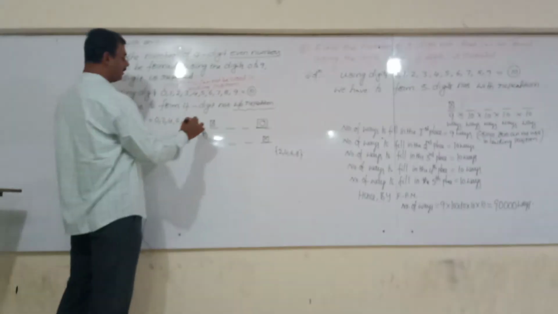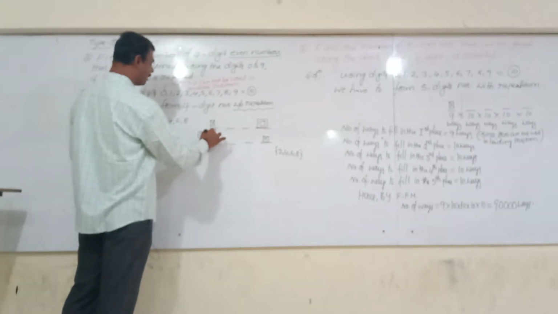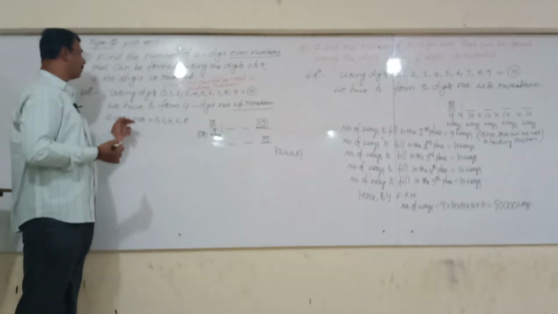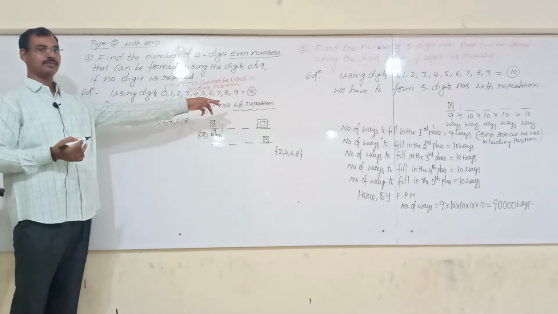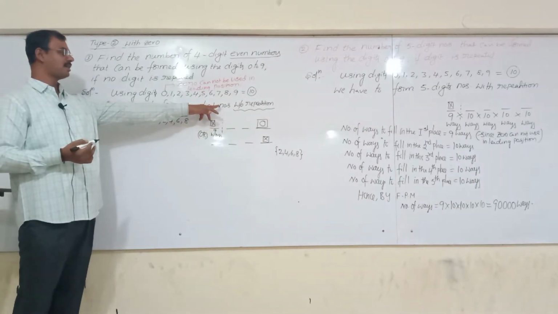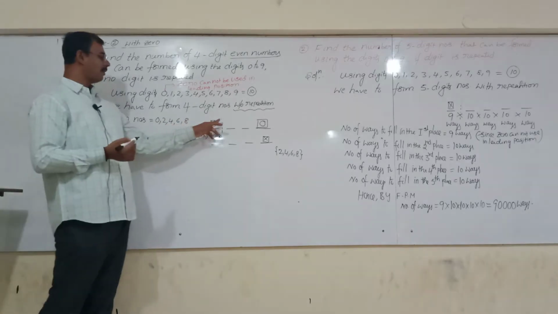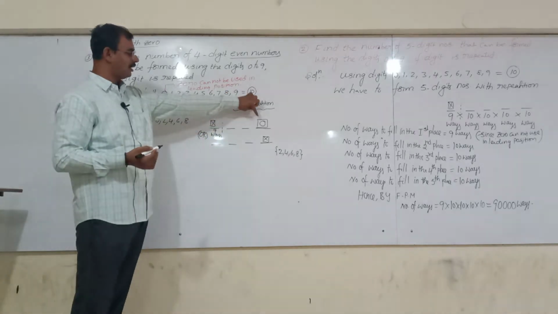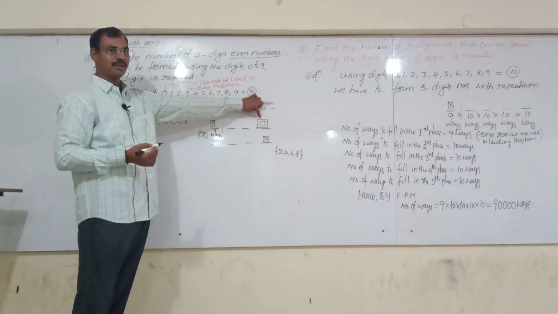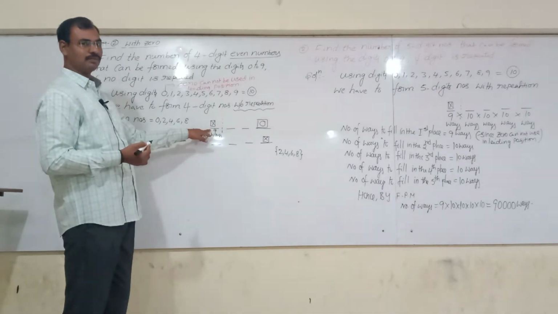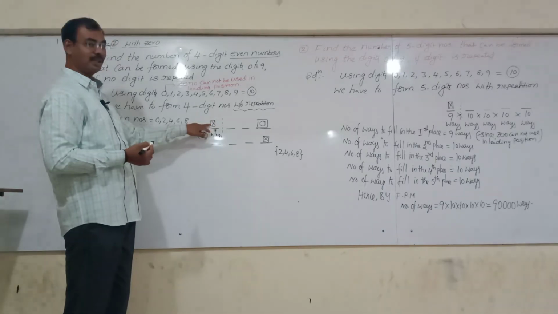I have to fill in 9 ways, since repetition is not allowed. Our general condition is that repetition is not allowed. Already 0 is filled in the unit place, and 9 ways in the leading position. One number has gone in this place.